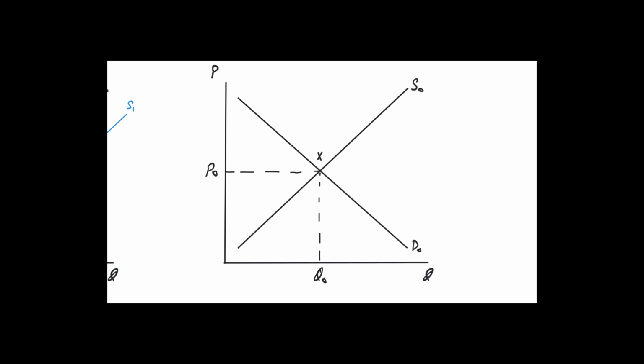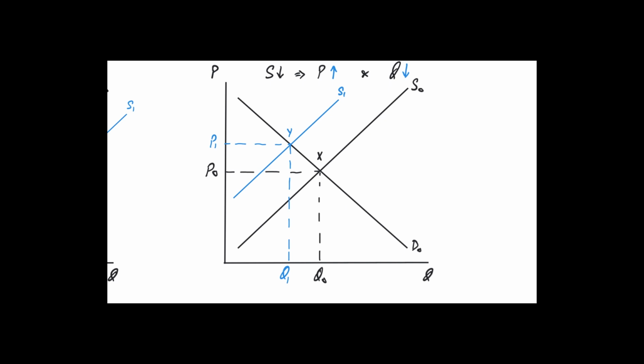Now we're going to reduce the supply, and then we'll see the impact on price and impact on quantity as a result of this. So when the supply decreases, it shifts left to S1, leading to a new equilibrium with a higher price and lower quantity.